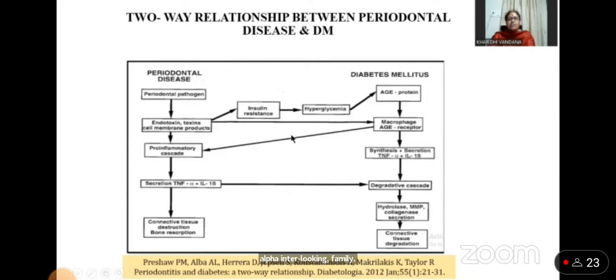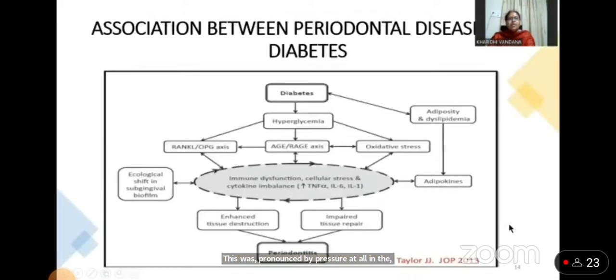So they interact with each other through the various arrow marks you can see here. Basically, the pro-inflammatory cascade is the common factor. This was pronounced by Bascones et al. in Diabetologia in 2022, describing a two-way relationship. The association between periodontal disease and diabetes was also extended by Taylor in the Journal of Periodontology, a well-known journal in our field of periodontics.